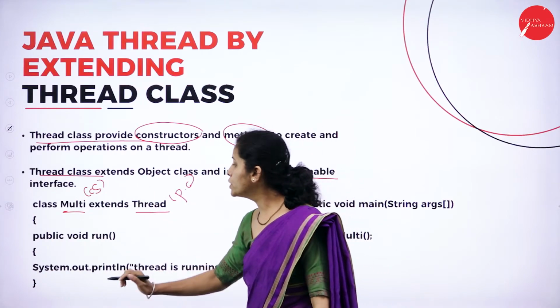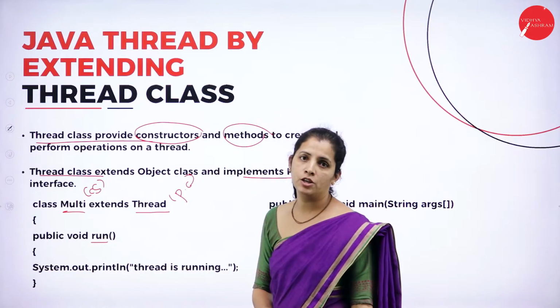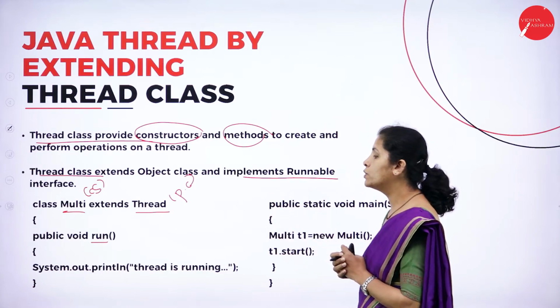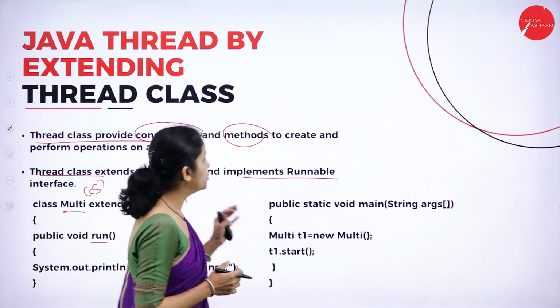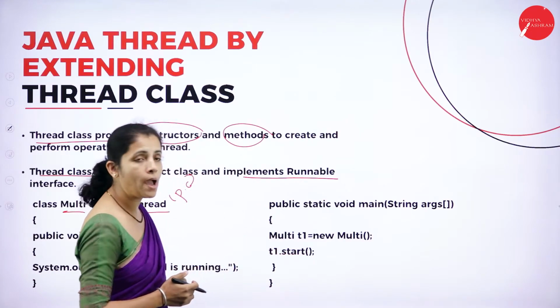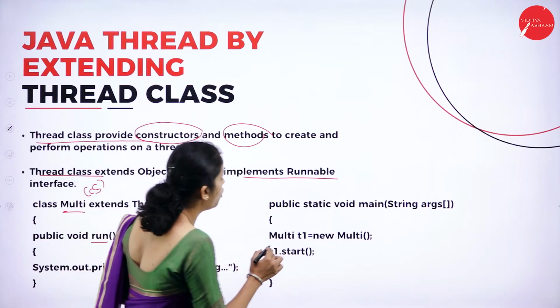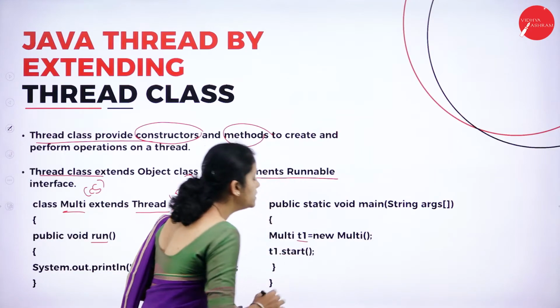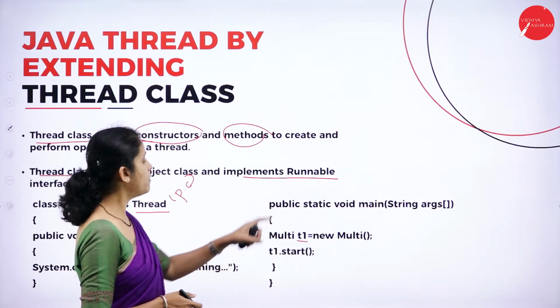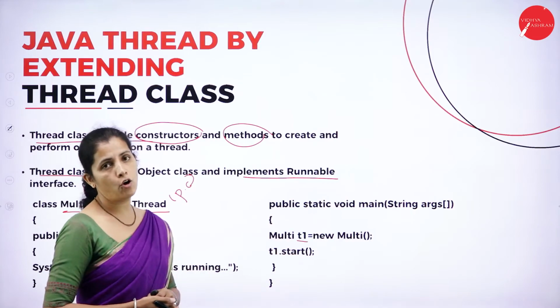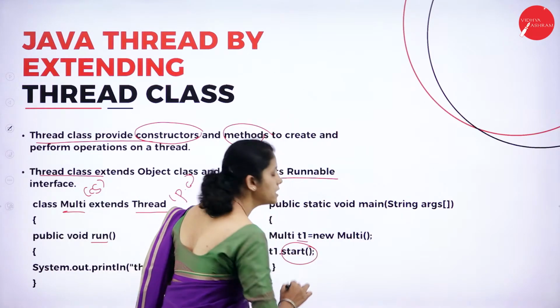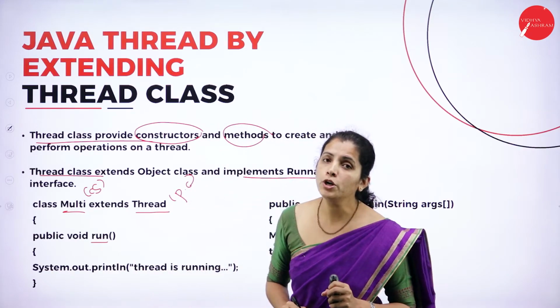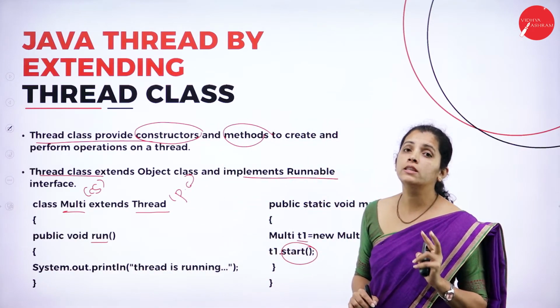Inside this, I'm going to call the run function, and I'm going to write my main program and create an object for this class. With the help of this class, I'm going to create the object. Now, I'm going to call the start method. That means I'm going to invoke the thread.